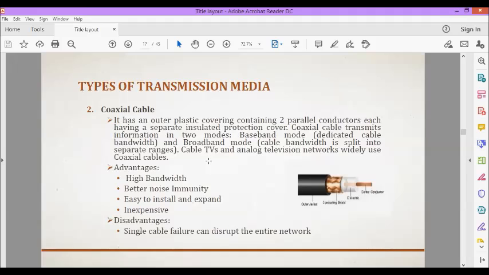Cable TV and analog television networks widely use coaxial cables. Advantages are the following: high bandwidth, better noise immunity, easy to install and expand, and inexpensive. While its disadvantage or drawback is that a single cable failure can disrupt the entire network.